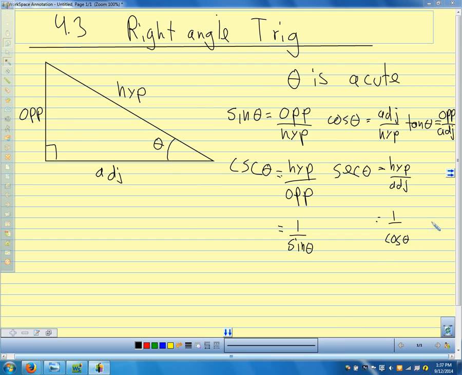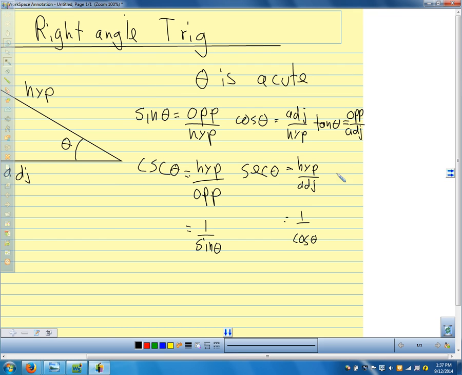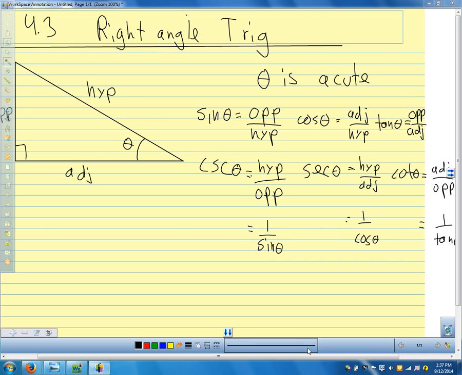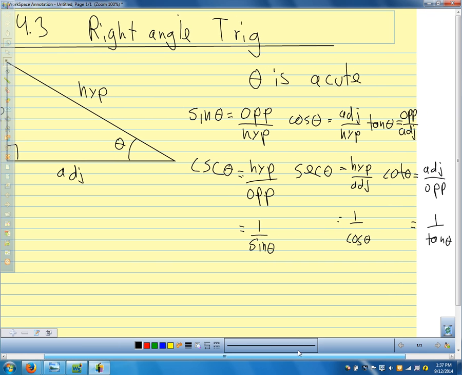And then our cotangent is adjacent over opposite, and that's the same as 1 over tangent theta. So these are our right angle, 6 basic trig ratios. We could think of them as SOHCAHTOA.